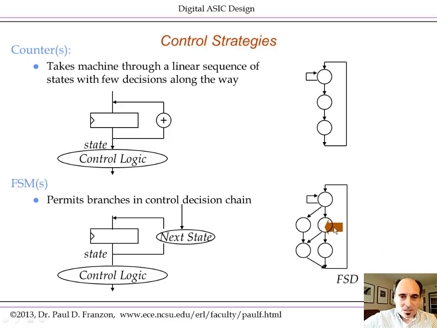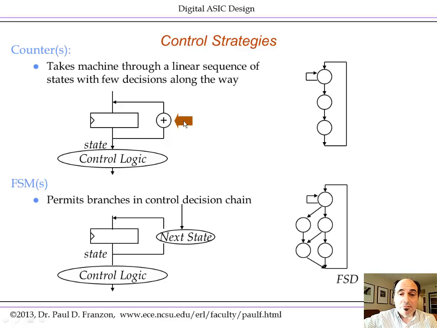Thus, the distinction in the logic tends to be straightforward. In a finite state machine, we had a complex piece of logic, a combinational logic, that calculated the next state based on the current state and on those inputs. In contrast, in the counter, the next state logic is quite simple.